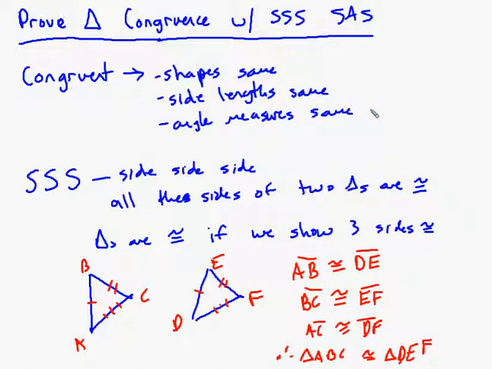So now we're going to do one proof. It'll be a short proof. Some of these triangle proofs really are short, but you need to be careful how you identify your side, side, side, or your side, angle, side, which we'll get to in a moment. I'll give you a second to finish writing all that. Okay.